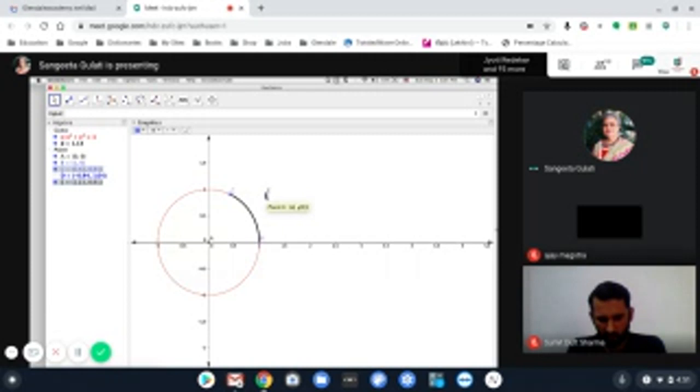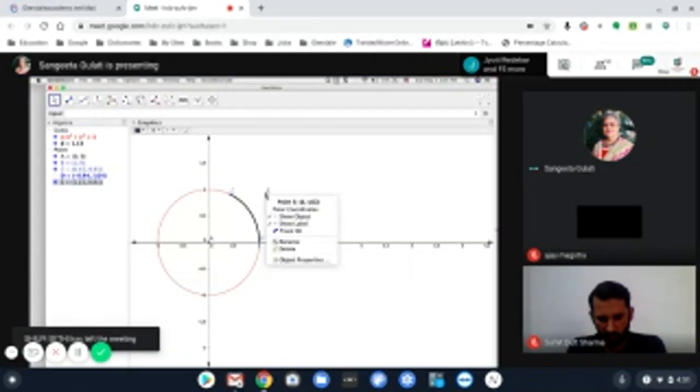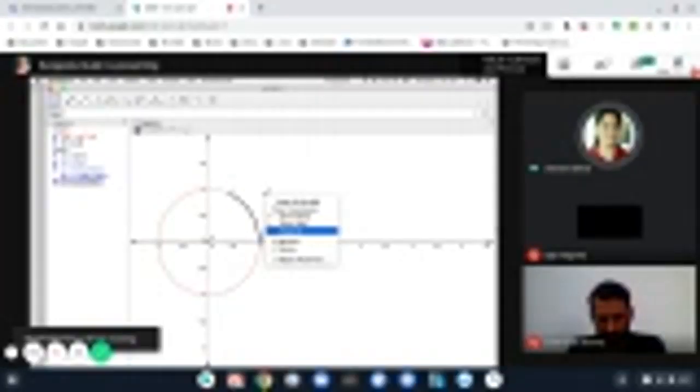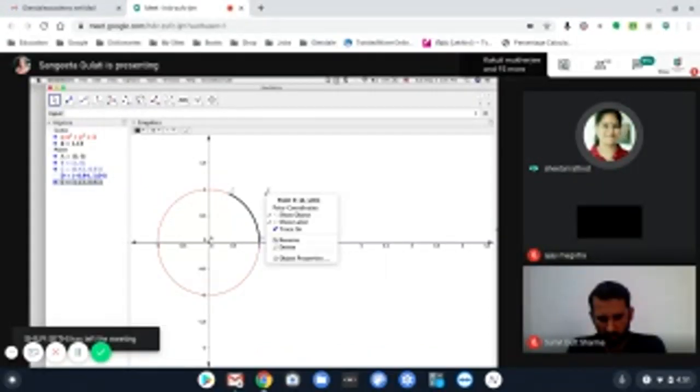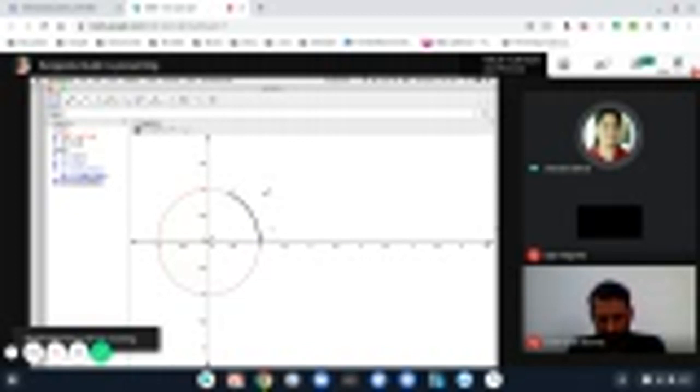To get a better picture of that, we are able to trace this path. So this is where you get all the fun coming in. When I select the point, right click on the point and say trace on.